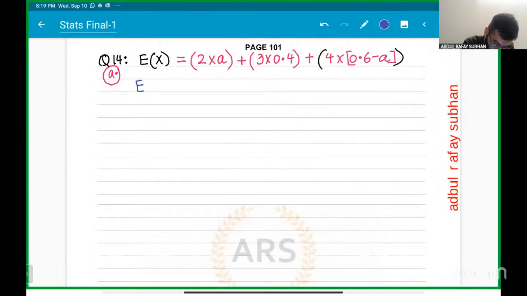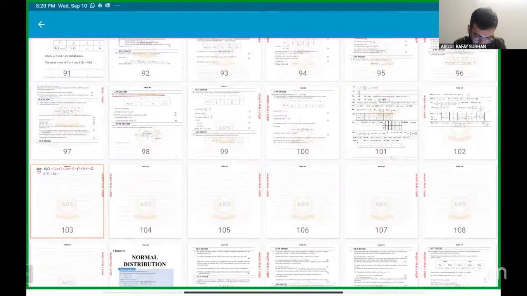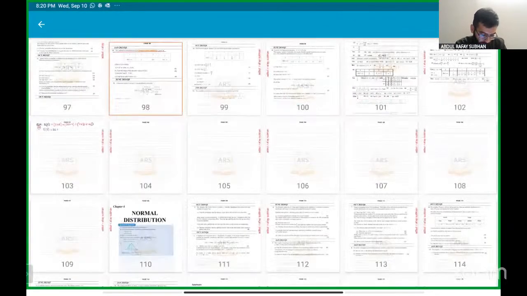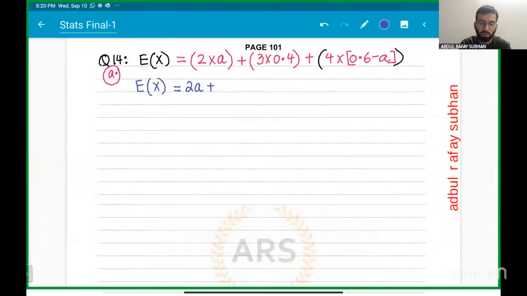So the expected value will be 2 times A plus 3 times 0.4 plus 4 times 0.6 minus A. 3 times 0.4 is 1.2, and 4 times 0.6 is 2.4 minus 4A.